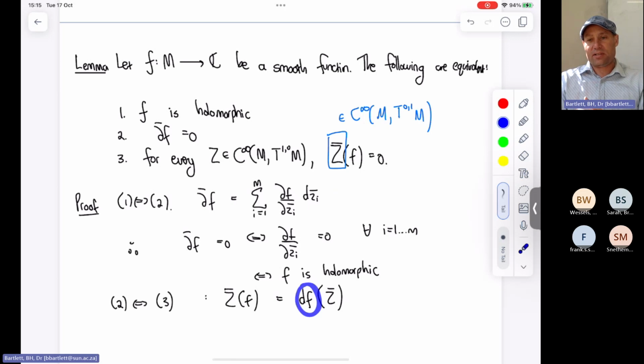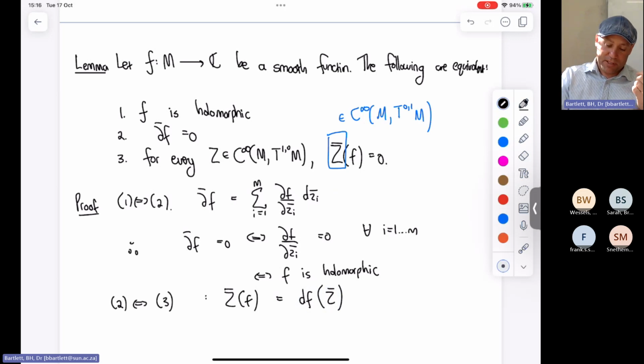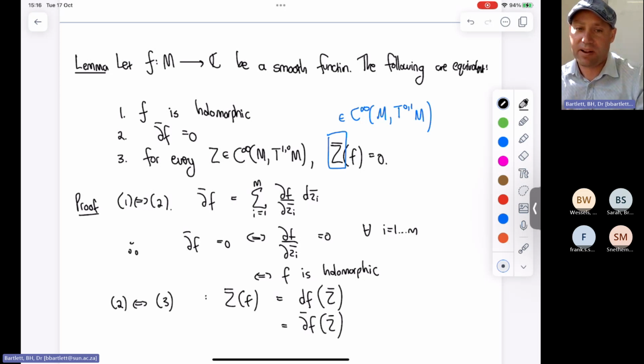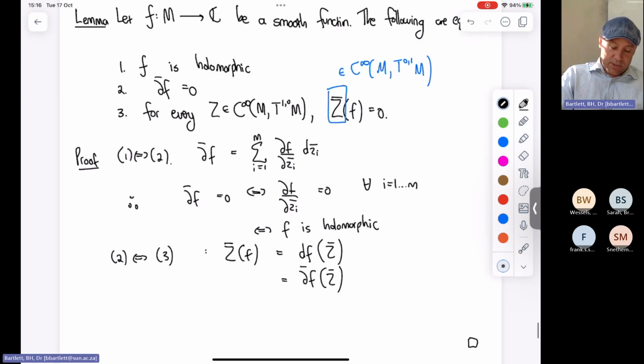The 1, 0 part will always eat a 0, 1 vector and give me 0. So I don't have to worry about that part. So in other words, df evaluated on a 0, 1 vector field is the same as del bar f evaluated on a 0, 1 vector field, because certainly del f acting on Z bar will be 0. So in other words, del bar f equals 0.